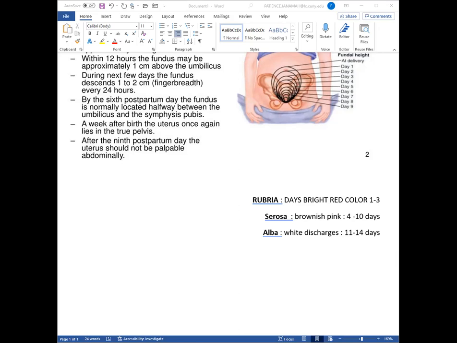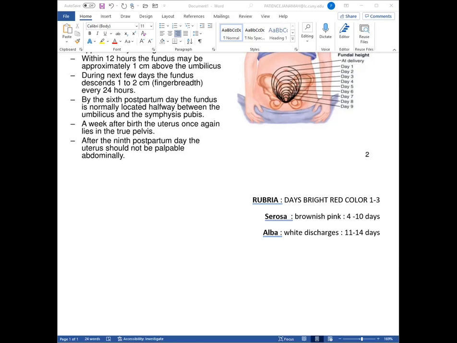If engorgement occurs, you also teach them about engorgement: warm pack if they are breastfeeding because they want more milk to come, and cold pack if they are not breastfeeding. The client should not use soap on the breast because it tends to remove natural oils. So you educate the mother, no soap on your breast, your nipples especially.